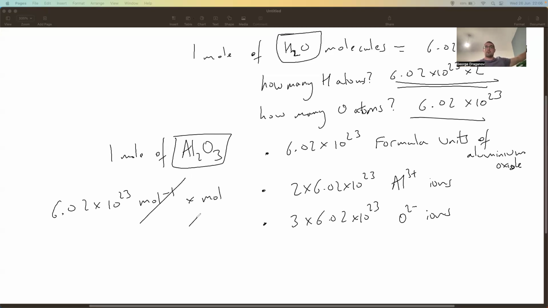That's effectively what we're doing, because these cancel each other out. You're timesing it by 2 moles, so you're canceling the units, because mole to the minus 1 is 1 over mole, times mole, they cancel.